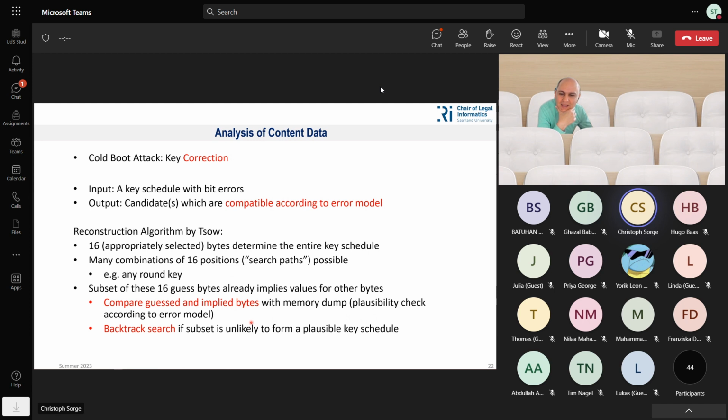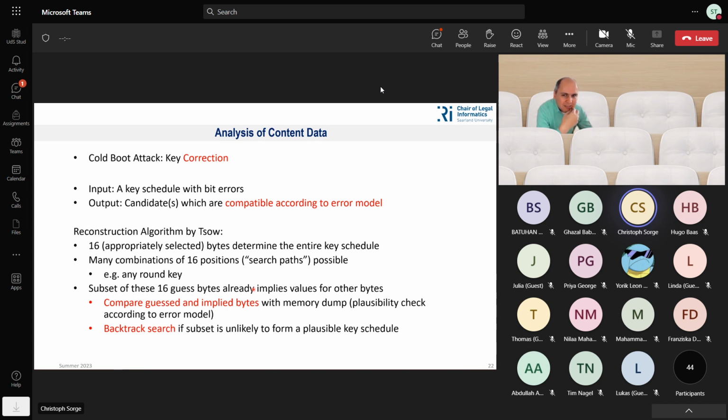So basically, if you see the candidate is not compatible with the error model, you go back to a previous step. We're not going to go through the algorithm in detail. The important thing is that knowing some of the bytes will allow us to reconstruct the remaining bytes of the entire key schedule.